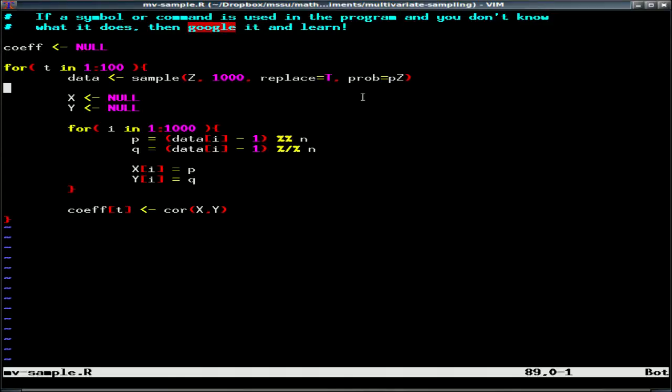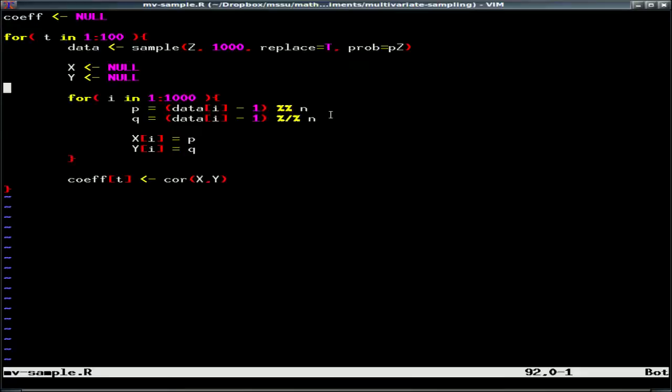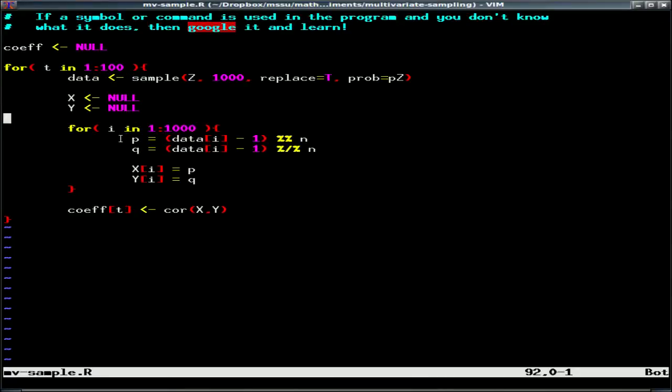This data sample is going to be an index of squares, so we need two variables out of this: an x variable and a y variable. For each one of those 1,000 points, we essentially take the projection onto which square we're in on the x-axis and which square we're in on the y-axis.